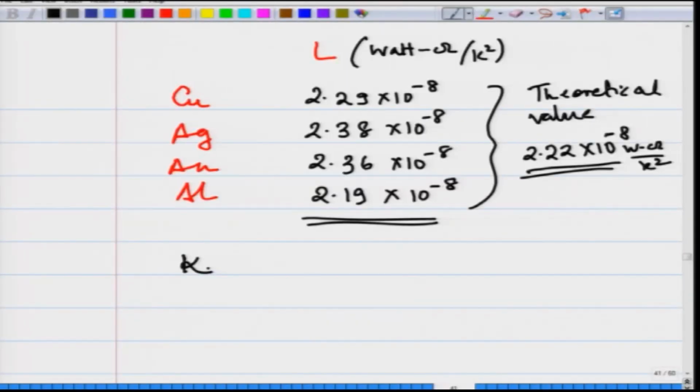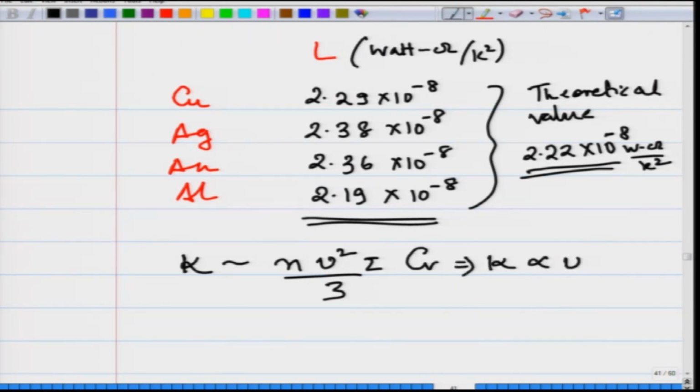If you recall, the thermal conductivity that we had obtained was related to the density, the square of the velocity, tau, and the specific heat, and there was a factor of 3 which is coming. Now, the thermal conductivity from here is proportional to the mean square velocity times the specific heat.